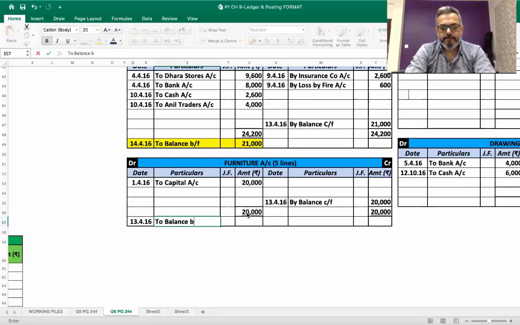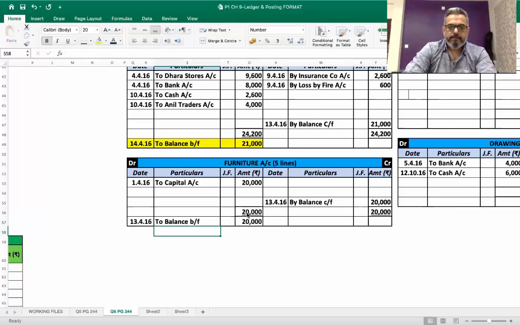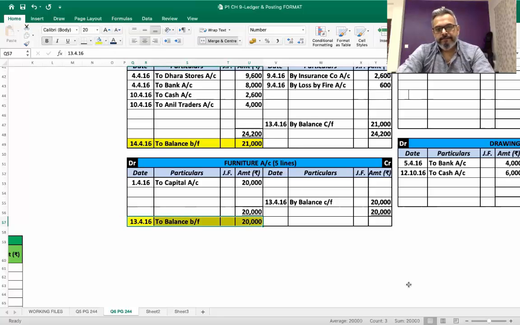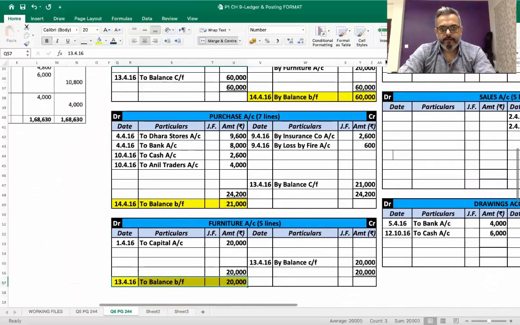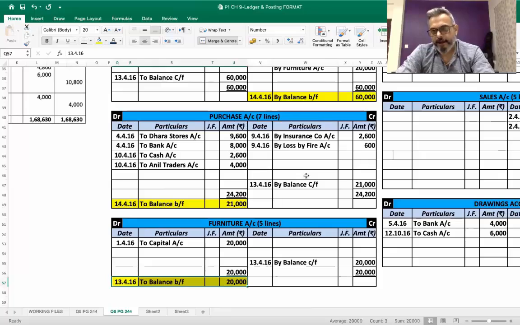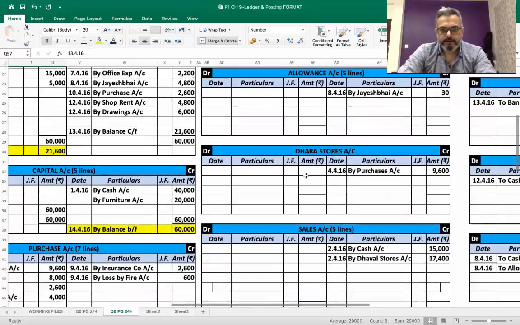To balance brought forward, 20,000. If you have any doubt in balancing, please ask.